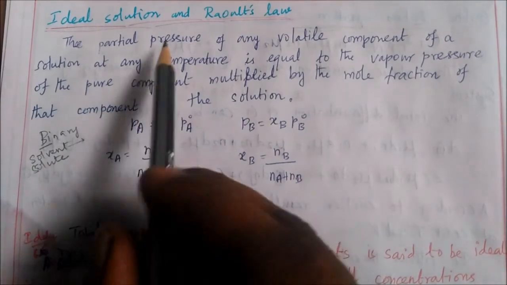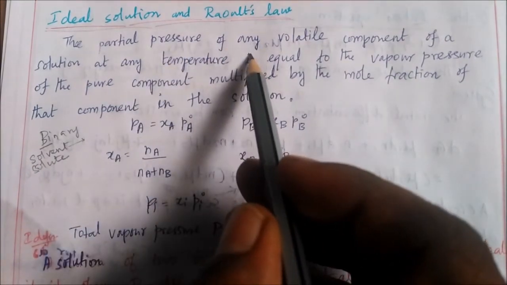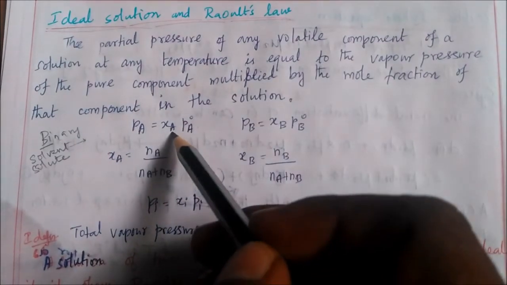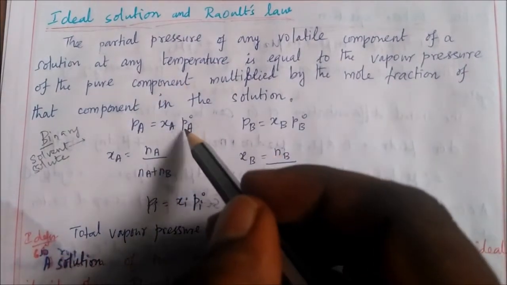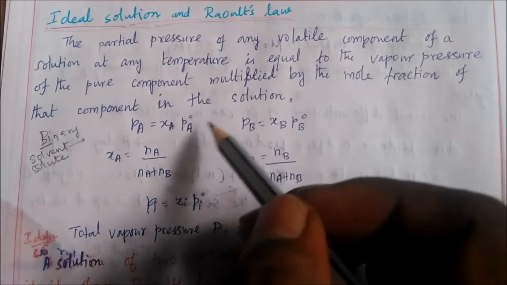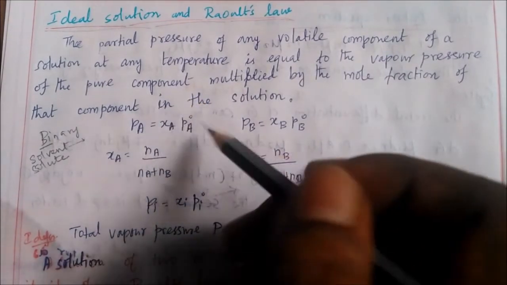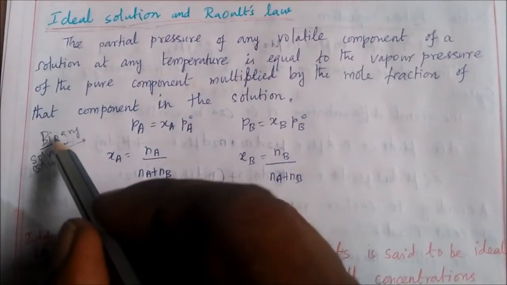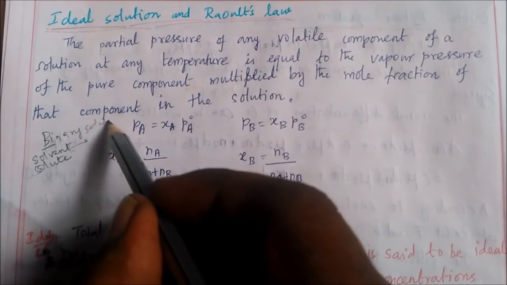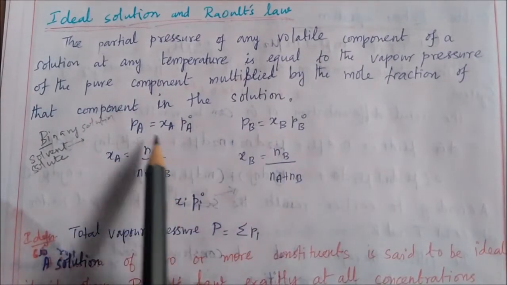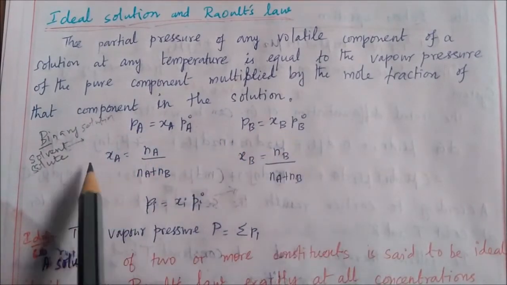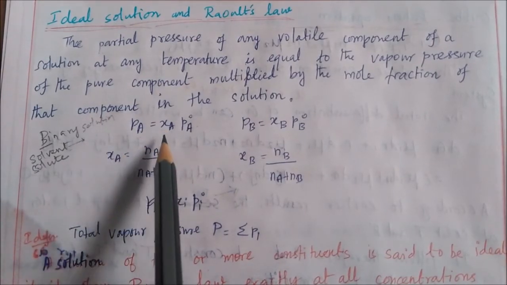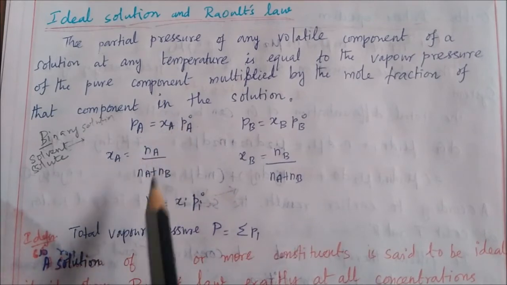So Pa is the partial pressure of the constituent, equal to Xa, the mole fraction of the constituent, that is the solvent. Pa0 is the partial pressure of the solvent when it is pure, when it is not in the solution. Binary solution means it consists of two chemicals, A plus B. A is the solvent and B may be the solute. So we have two chemicals present in the particular solution.